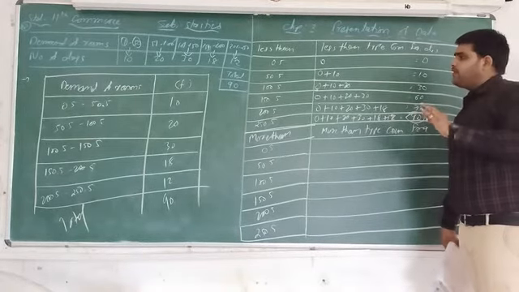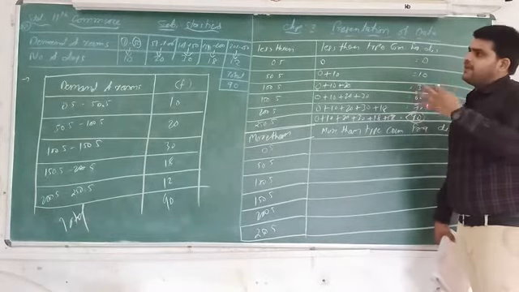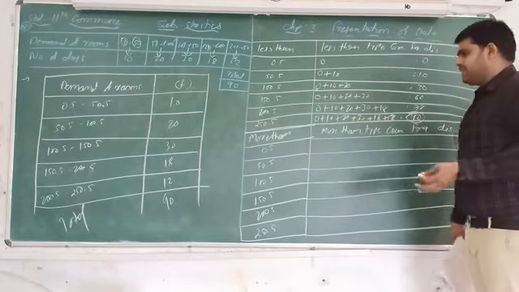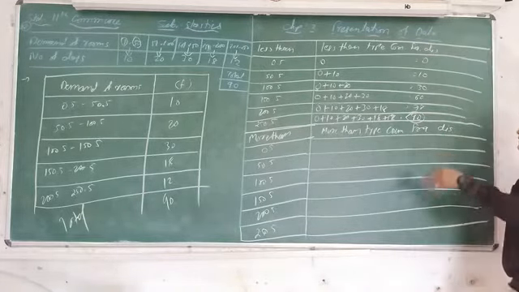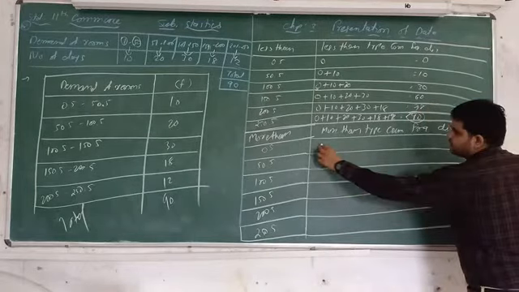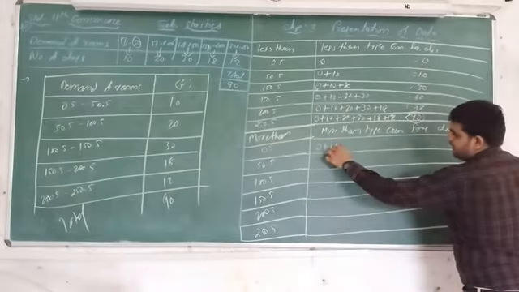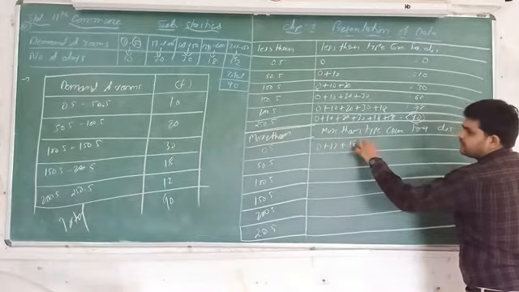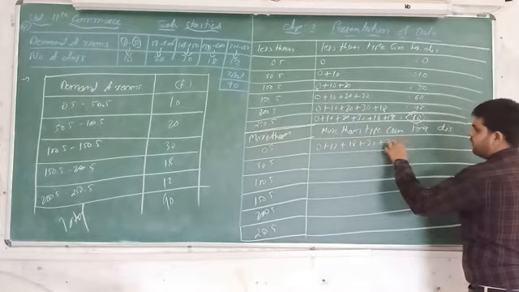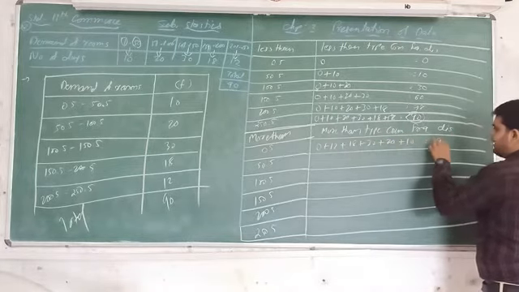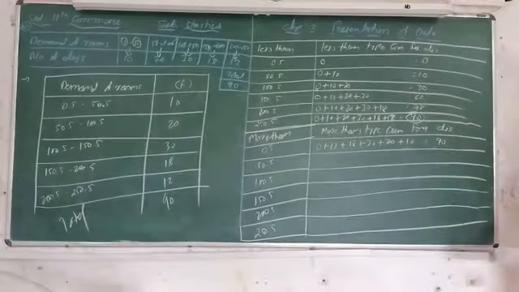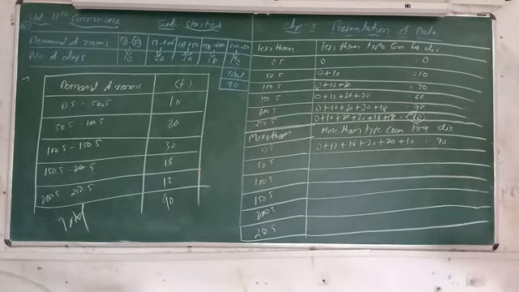I calculate on the same basis as example number 7 and 6. Same here for more than: more than 0.5, all, so 0 plus 12 plus 18 plus 30 plus 20 plus 10, answer will be 90. So for 90 days, more than 0.5 demand is there.